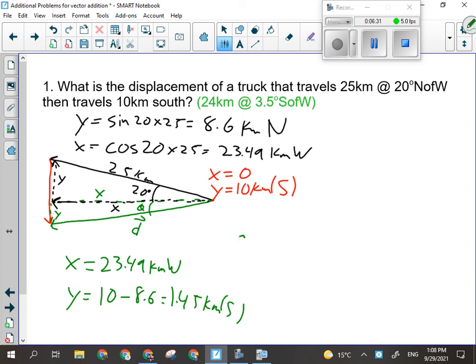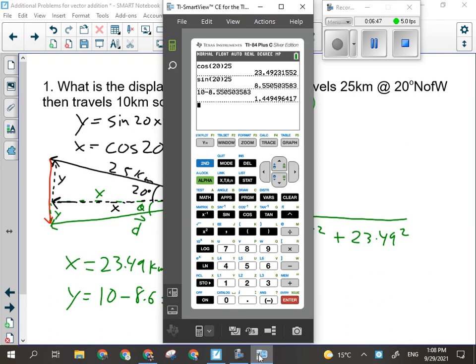Now I can calculate d using the Pythagorean theorem, so that'll be 1.45 squared, obviously with all the decimals, plus 23.49 squared, again with all the decimals. So, square root of that squared plus that squared.